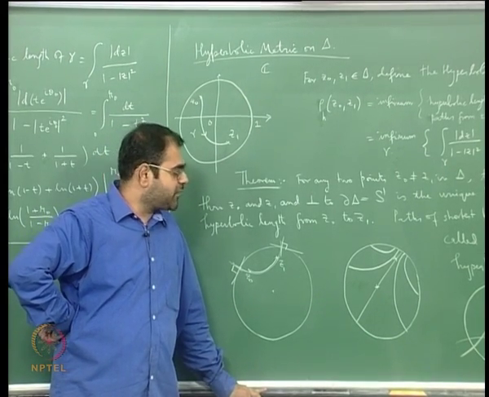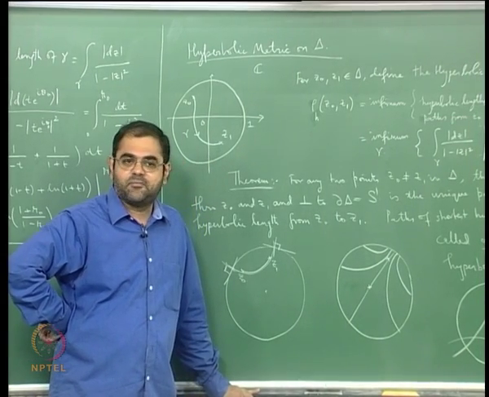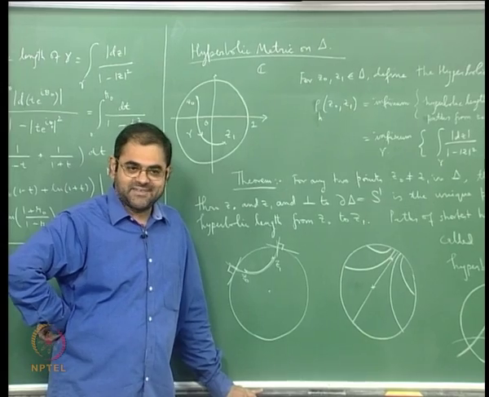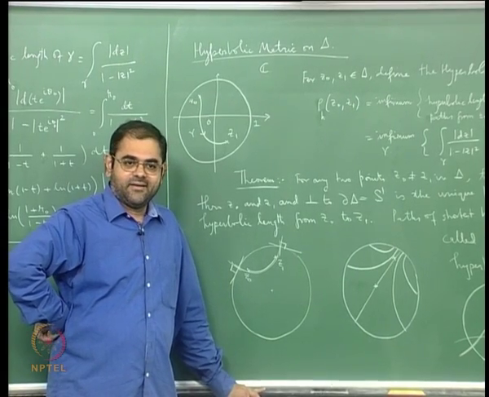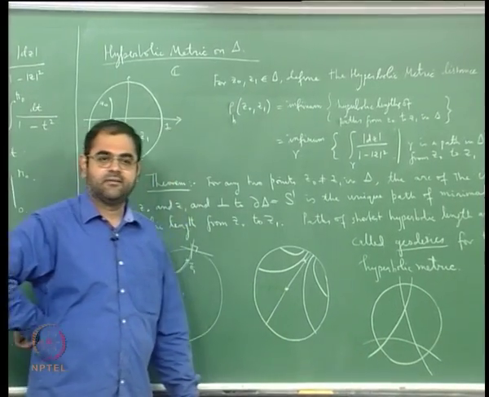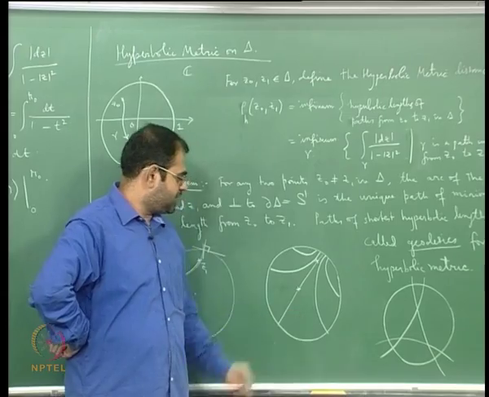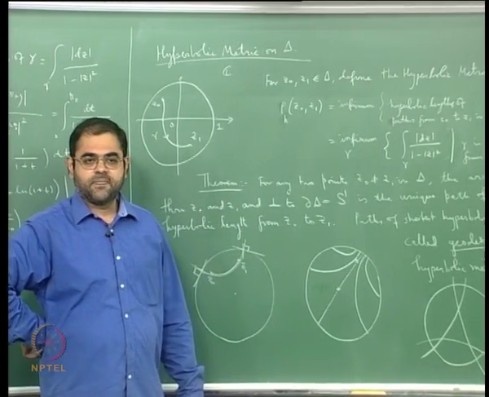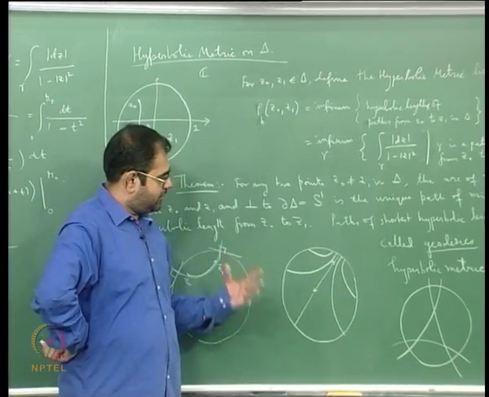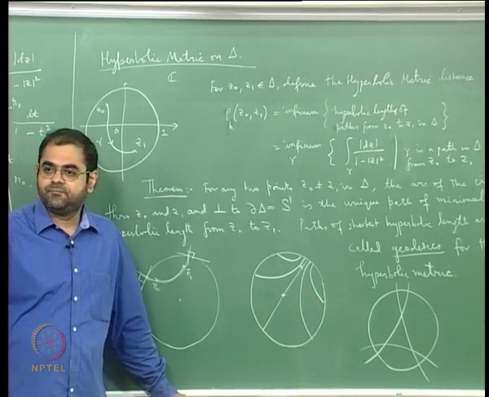What will happen in hyperbolic geometry is that the sum of the three angles of a hyperbolic triangle will be less than 180 degrees, okay. And so you will have all these nice things happening differently from what you know in Euclidean geometry. So hyperbolic geometry will give you a new set of properties, okay.